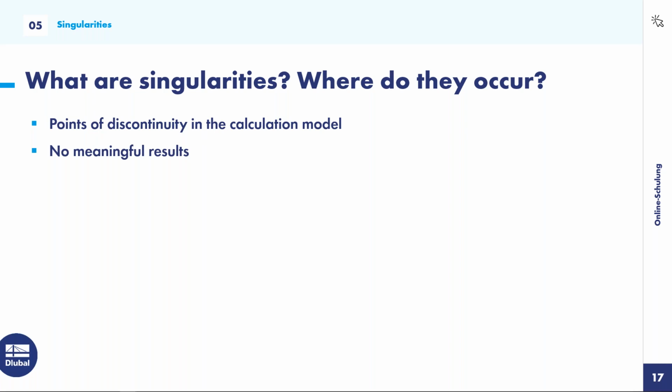This is not really an error of RFEM or any of our competitors. It's just a problem that comes with using numerical solutions, using FEA methods. It's just because of the discretization that you get these problems with singularities. In other words, you get no meaningful results at certain points.